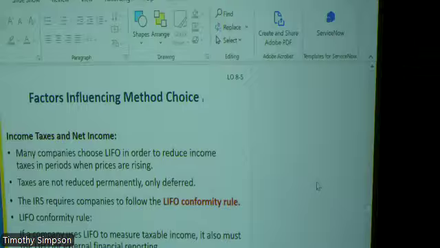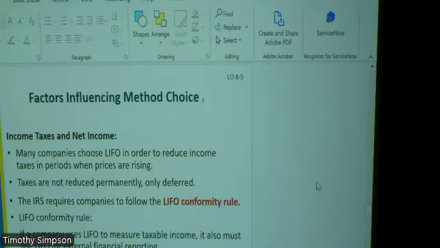And as a result, we're going to reduce net income, right? And so we're saying the last goods in are the first goods out, and the oldest goods are still sitting on shelves, right? And so as a result, we're raising our cost of goods sold. If we raise cost of goods sold, we lower net income. And as a result, we lower the tax liability.